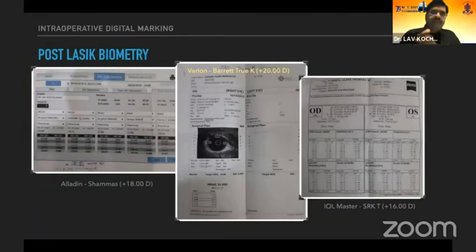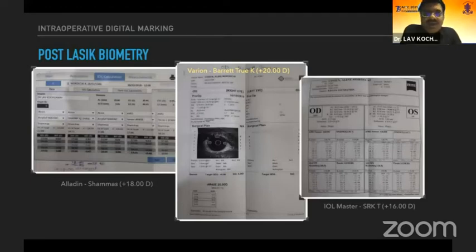Another thing we faced, and Dr. Sagar is also aware about this patient, is post-LASIK biometry. We had a post-LASIK patient, and she was so demanding that she wanted a 0 power, even post-LASIK. And the dilemma was that in Aladdin, it was coming to +18, in Barrett it was coming to +20, and in IOL Master, it was coming to +16.